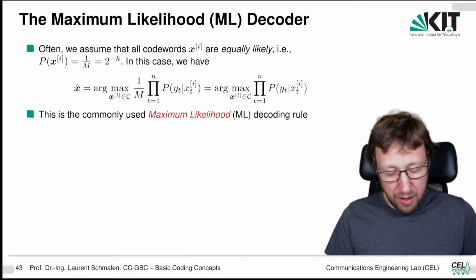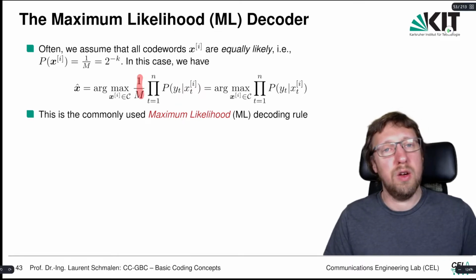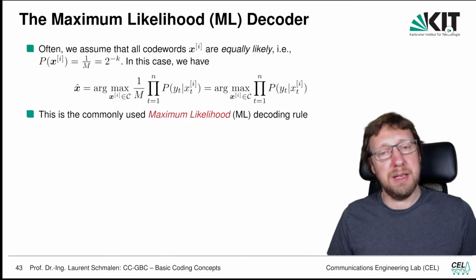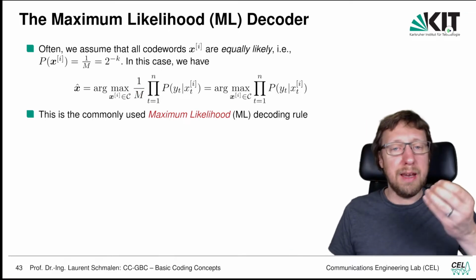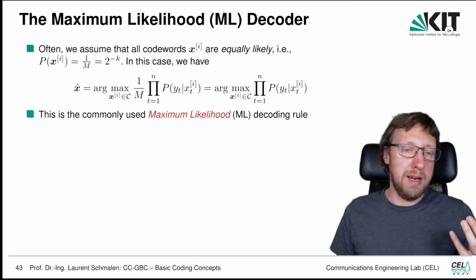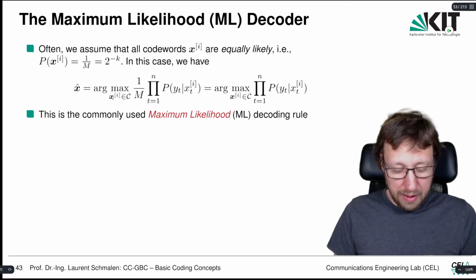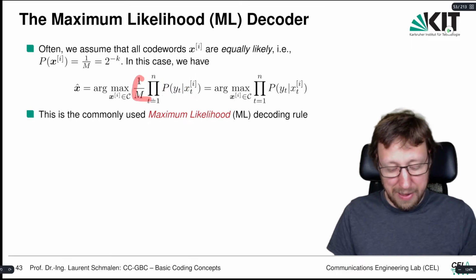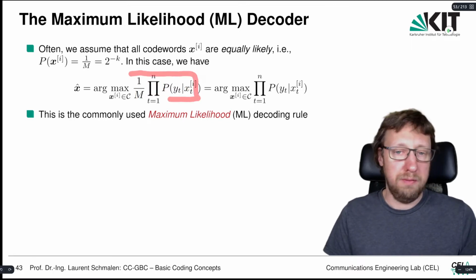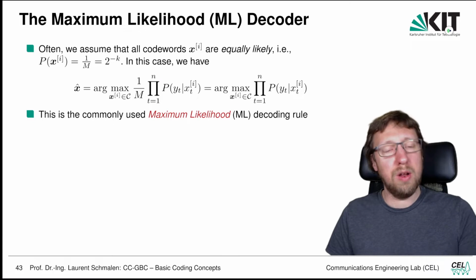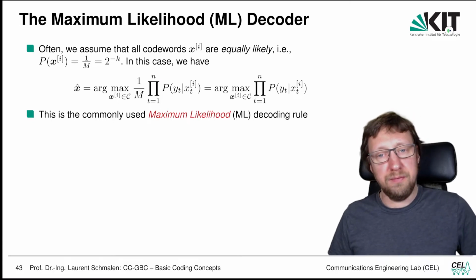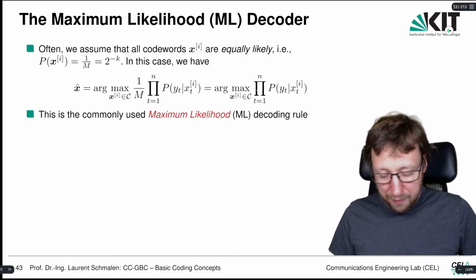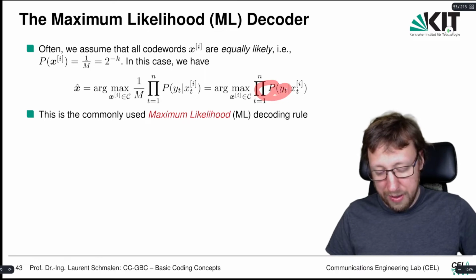And again, 1 over m is a constant, which doesn't change the maximization. So we can take it out, because the xi that maximizes this term is the same as the xi that maximizes the whole term. So 1 over m can go out, and we are left with the product, p of yt given xt.